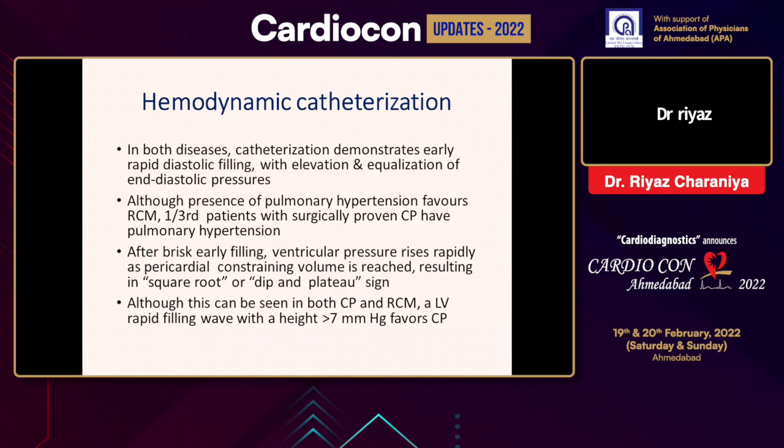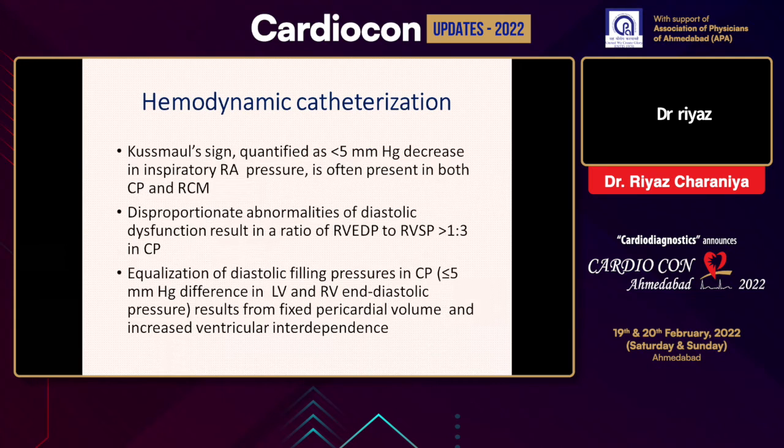I have already mentioned that in constrictive pericarditis as well as restrictive cardiomyopathy, an LV rapid filling wave with a height of more than 7 mm favors constrictive pericarditis. Now, Kussmaul sign, quantified as less than 5 mm decrease in the inspiratory RA pressure, is present in both, but with disproportionate abnormalities of diastolic dysfunction it results in a ratio of RVEDP to RVSP of greater than 1:3 in constrictive pericarditis.